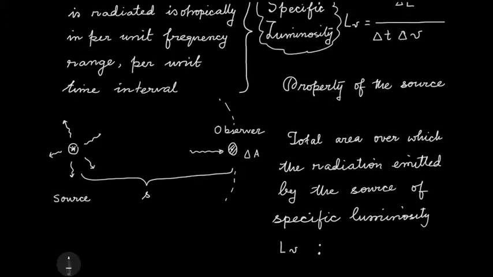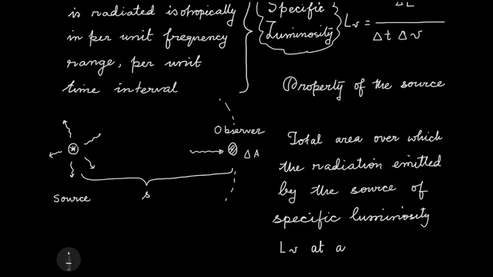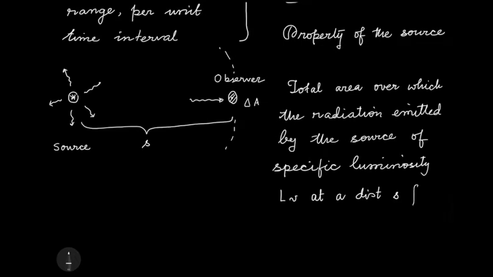So what is the total area in which it is spread? Okay, so let us also make it complete. Let's say that at a distance s from the source, what is that number? Well, that number is 4 pi s square, because that's the area of the surface of the sphere of radius s over which this radiation is spread right now.